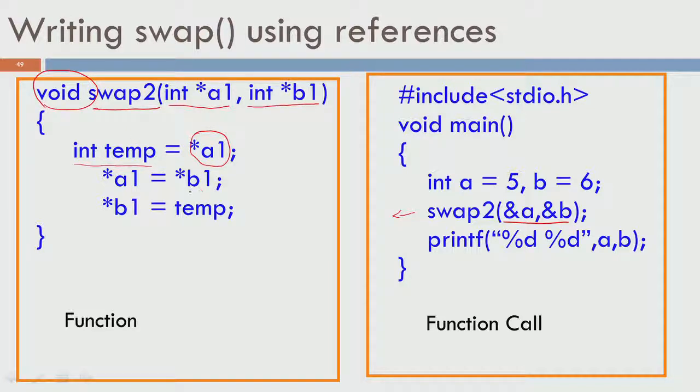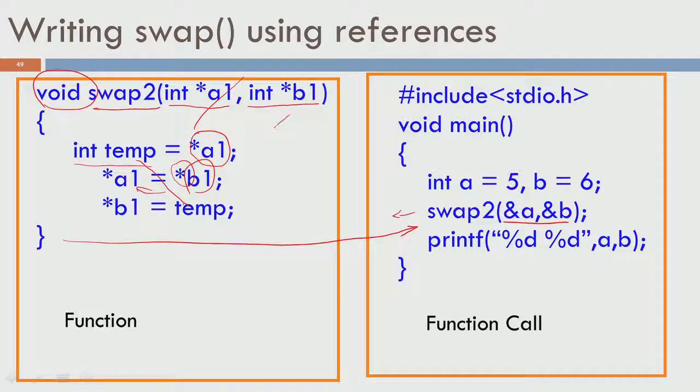Then I am going to take B1, look at the contents of the location pointed to by B1 and make that the value of the contents of the location pointed by A1. And finally, take temp, which is a local variable, and make a copy of that onto contents of location pointed by B1, right.